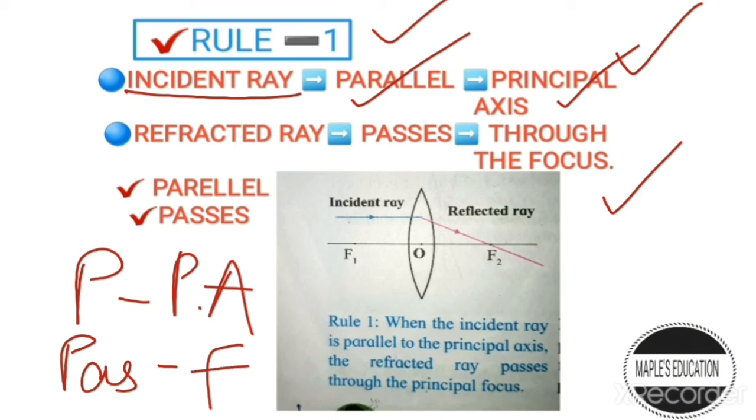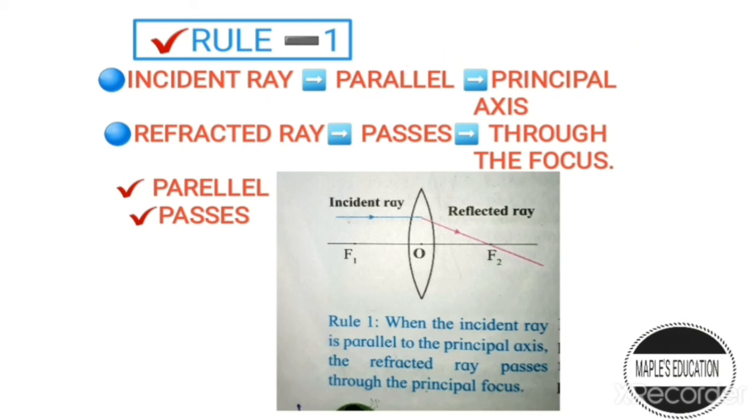So whenever I say parallel, you have to get into your mind that the next term is principal axis. And when I say the word pass or passes, you should get it into your mind that it is focus. So: parallel, principal axis; passes, focus.